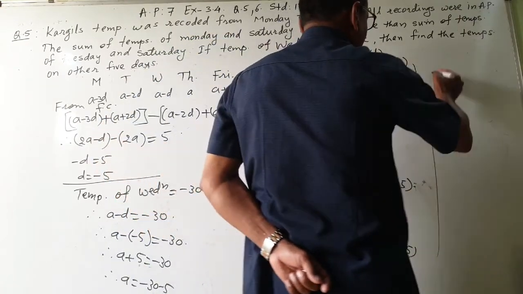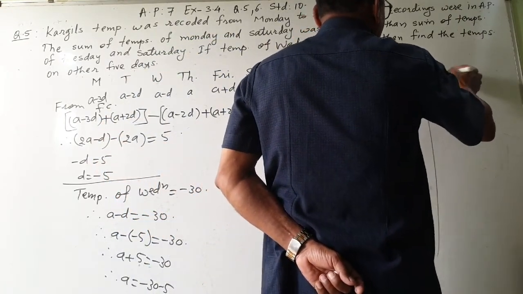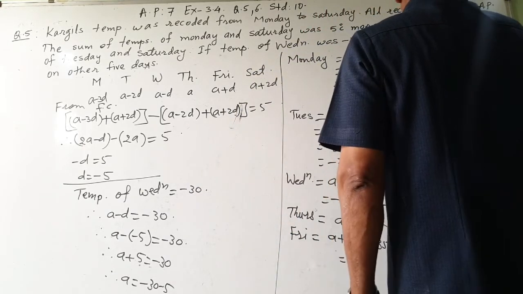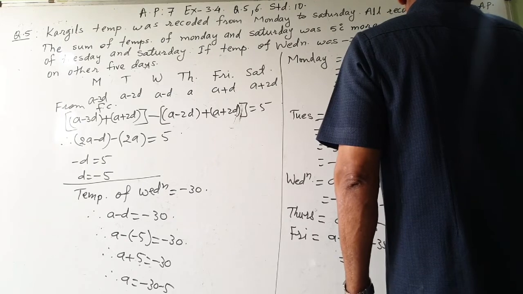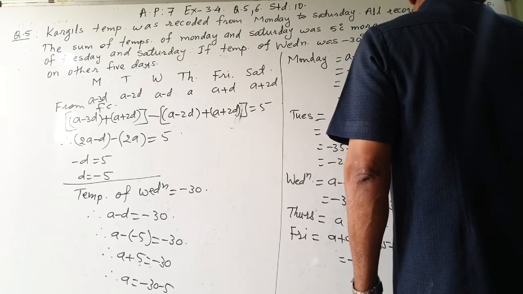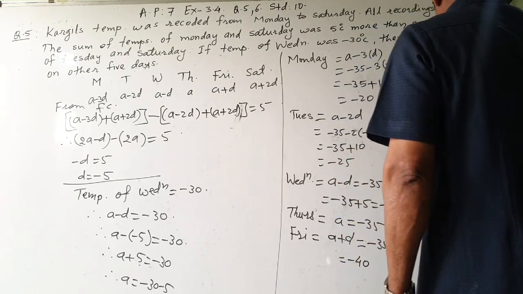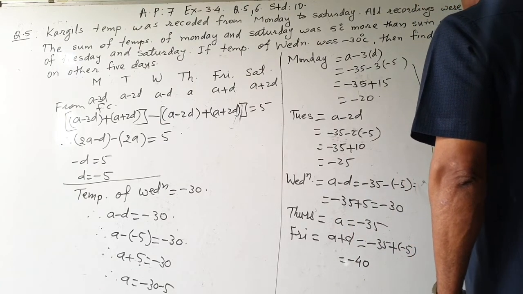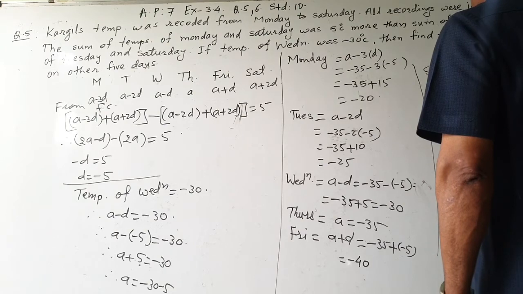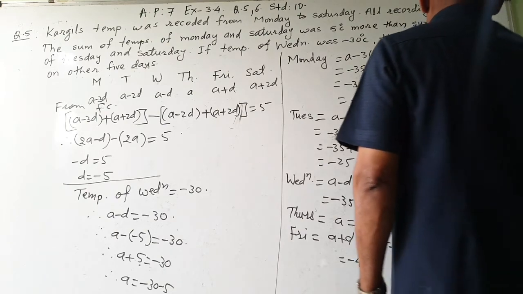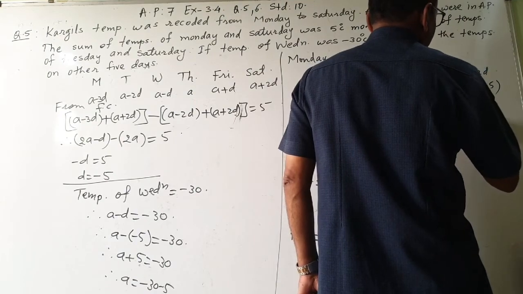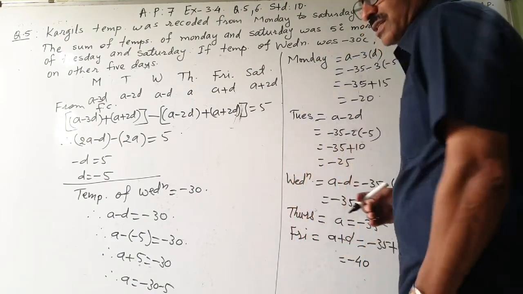And now Saturday. A plus 2D. A is minus 35 plus 2 into minus 5. That is equal to minus 35 minus 10 is equal to minus 45. These are the temperatures in AP.